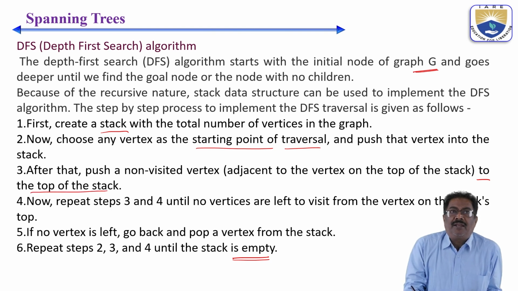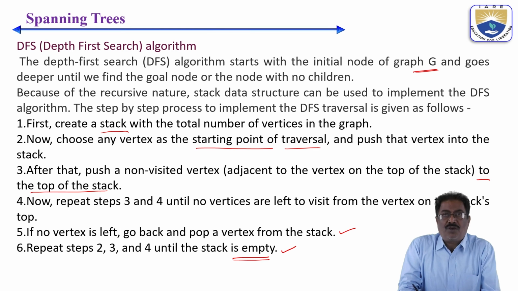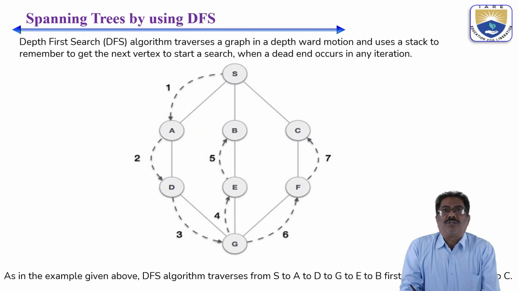Now repeat steps 2 and 3 until no vertices are left to visit from the vertex on the stack top. If no vertex is left, go back and pop that vertex from the stack. So repeat 2, 3, 4 until the stack is empty. We are going to explain this by using an example.